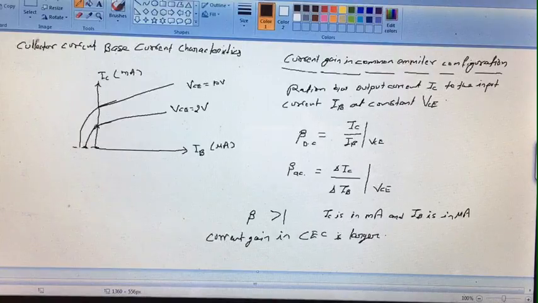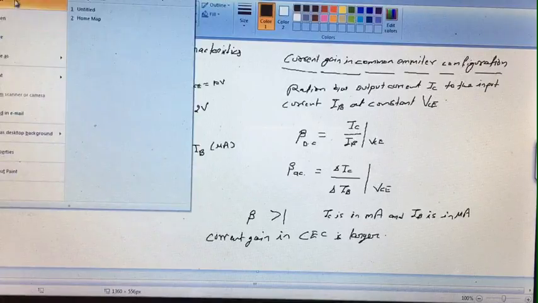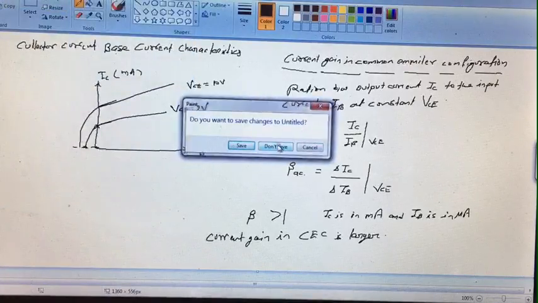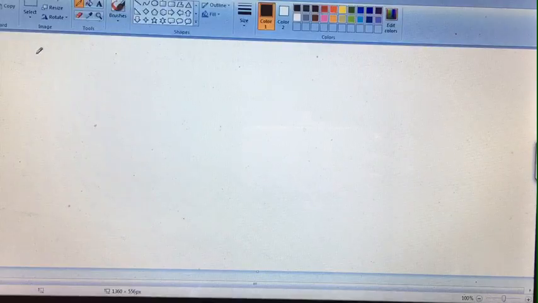Now we have studied two types of current gain. One was alpha in common base configuration and beta in common emitter configuration. So now the relation between alpha and beta.